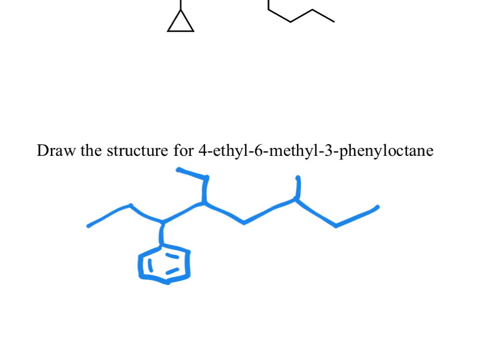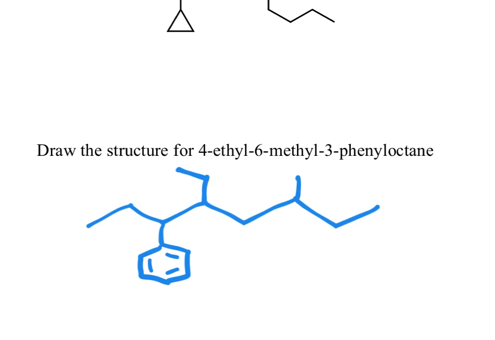Okay, so the reason this is 4-ethyl, 6-methyl, 3-phenyl is that when I go left to right, my first branching point here would be 3. If I go this way, my first branching point would also be 3, but because of the third branching point that I have to have at carbon 4, I will be numbering this left to right so that I get lower numbers overall, okay?